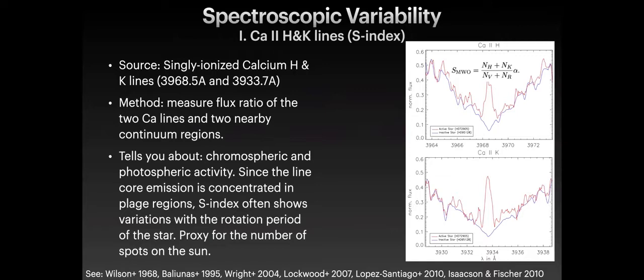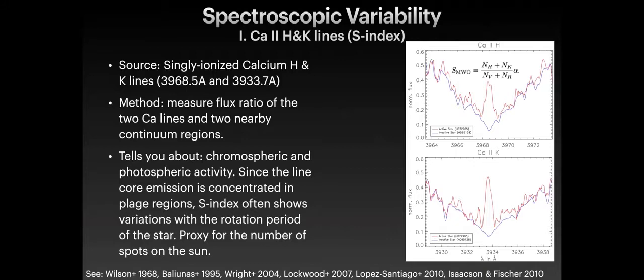Possibly the best known activity indicator for RV surveys is the Mount Wilson S value, which is based upon the calcium II H and K absorption lines that lie down in the blue part of the spectrum. These lines reflect the star's chromospheric and photospheric activity levels, and when a star is more active or has more spots on its surface, then we expect to see the cores of these two lines show signs of emission. And so in this example on the right-hand side, you can see the very broad calcium H line on the top and K line on the bottom.